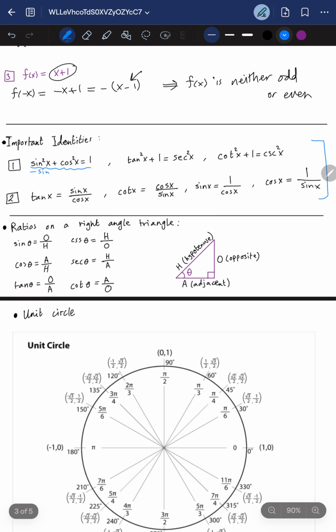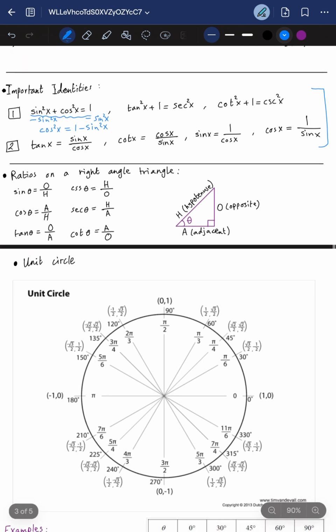If I subtract sine squared to the other side, this is just cosine squared x is equal to 1 minus sine squared x. So we can come up with different identities, even though they're the same, but look different, that would help us to solve different problems. So these identities are very important in Calc 2.